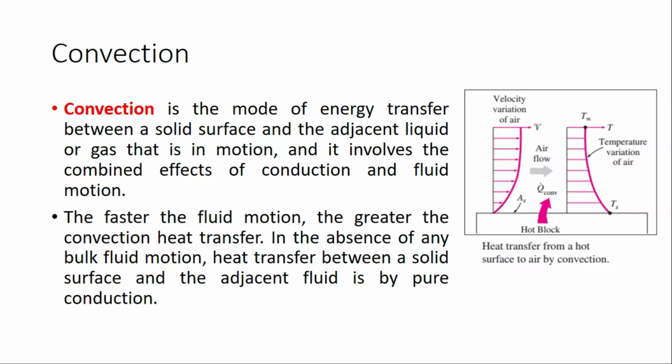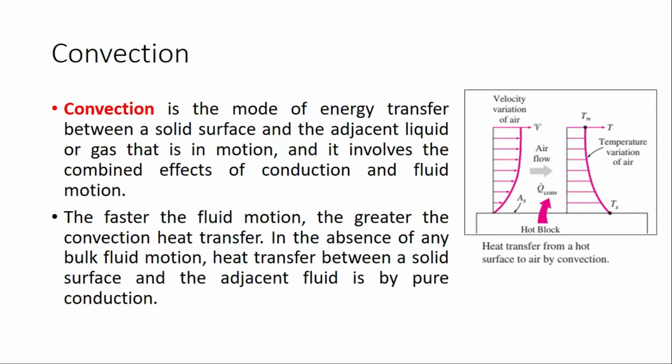This energy is then carried away from the surface by the convection process, that is, by the combined effect of conduction within the air, due to the random motion of air molecules, and the macroscopic motion of the air that removes the heated air near the surface and replaces it with the cold air.